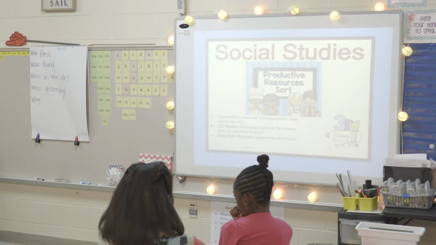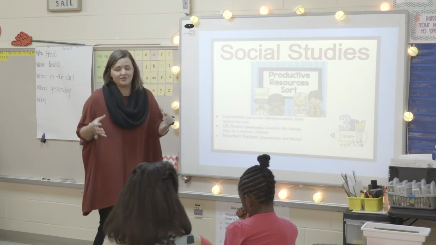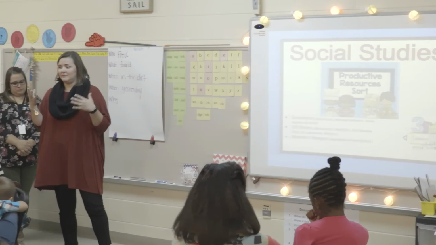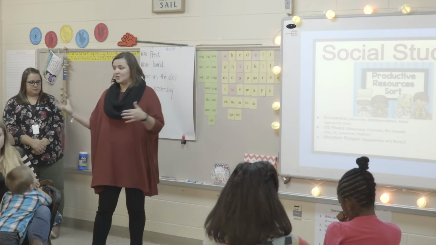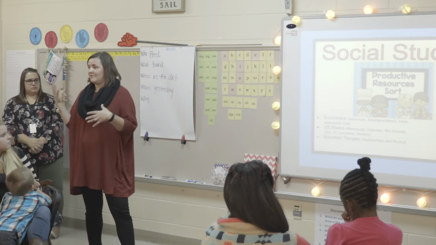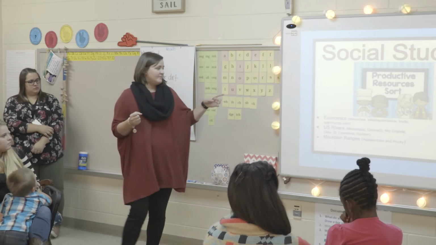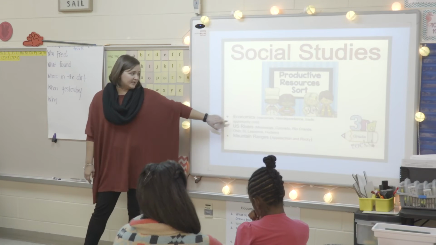Alright, in social studies, we are studying economics, and so your students have probably come home and told you about the different types of resources, maybe showed you some of the resources that you're using, or if you go out, identify some of the producers and consumers in our community, because we want them to see how economics works in the world around us.